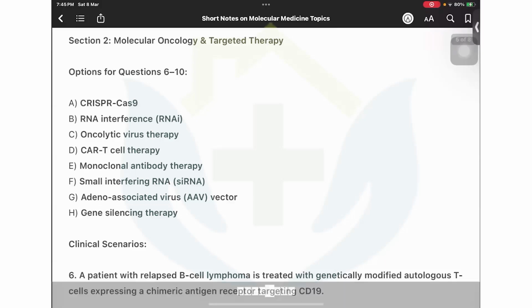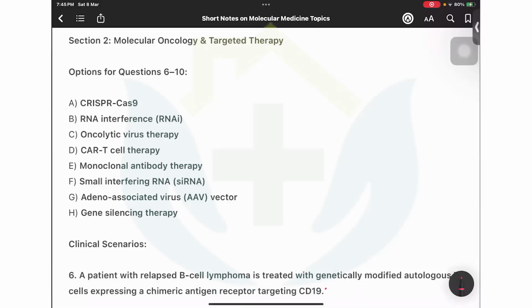So what is the answer? The answer is CAR cell therapy. So we are using specific T cells targeted against a specific receptor.